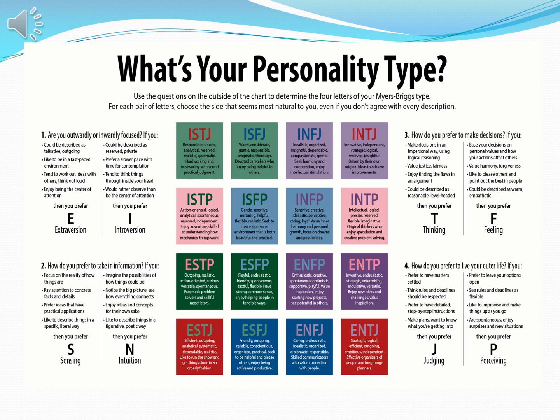At the end of the lecture, let's see what kind of personality type you have. Use the questions on the outside of this chart to determine the four letters of your Myers-Briggs type. For each pair of letters, choose the side that seems most natural to you, even if you don't agree with every description.